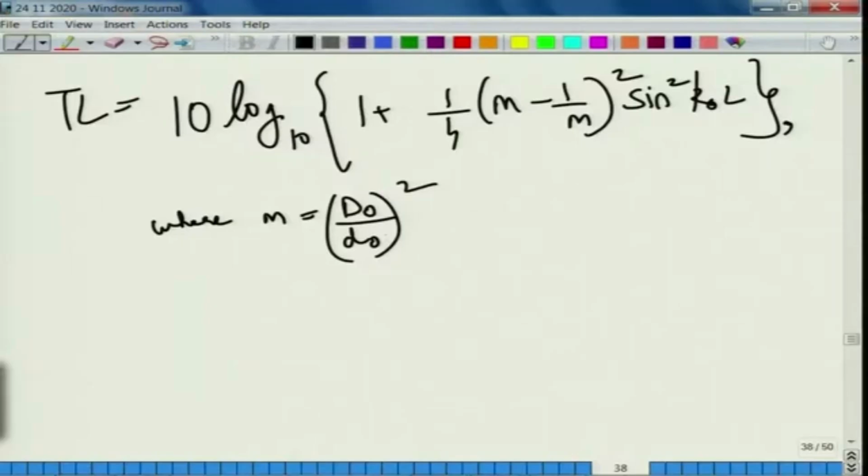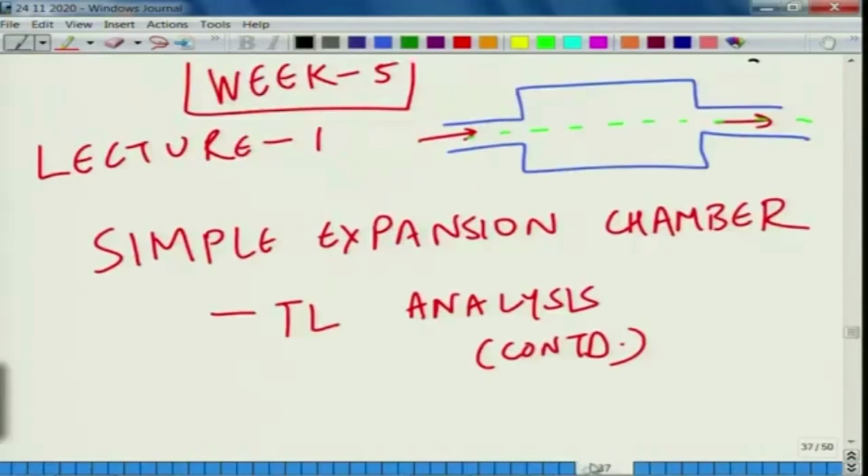And k naught L is the Helmholtz number, the non-dimensional frequency, non-dimensionalized with respect to the chamber length L.